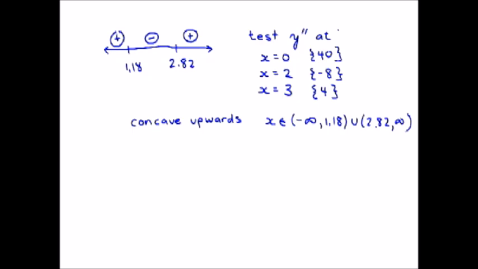Remember, functions are concave upwards when the second derivative is positive. Concave downwards, the second derivative must be negative. Therefore, for this particular function, it is concave downwards for x values between 1.18 and 2.82.